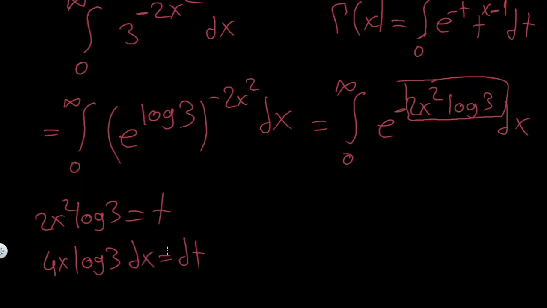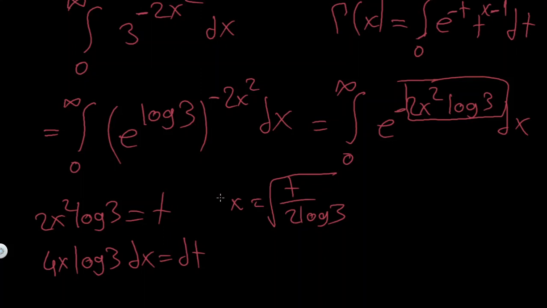I need x because I only need dx. So here I can pull out the x. x squared is equal to t over 2 log 3, and if I take the square root of both sides, x is equal to the square root of t over 2 log 3.